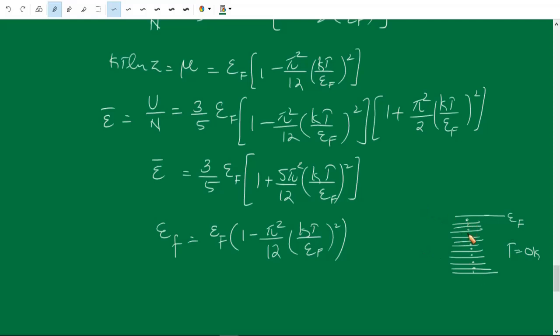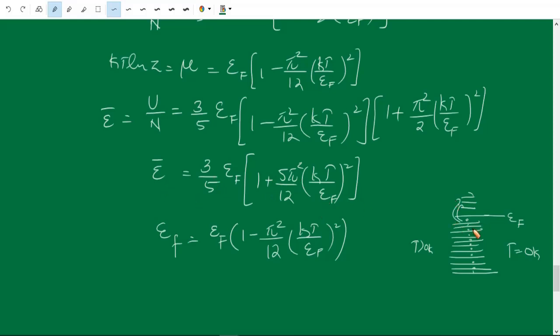Now, when temperature is greater than 0 Kelvin, what happens? The particles with the topmost energy are thermally excited to higher energy levels. So this particle goes to higher energy levels, and their energy increases. Therefore, the average energy slightly increases as the temperature increases. This is due to this plus sign, it is increasing.